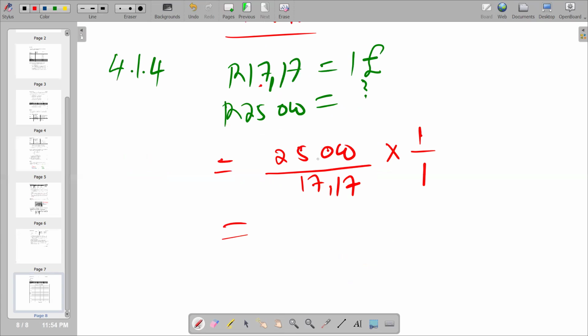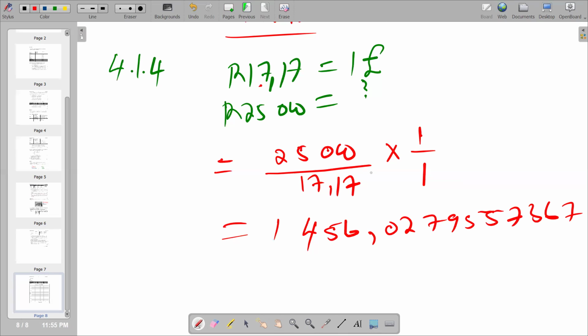17.17 into 25,000. You're going to get your answer is 1,456.02... This is a continuation of our decimal places, but of course we know that this is money, so we are going to round off to 2 decimal places.